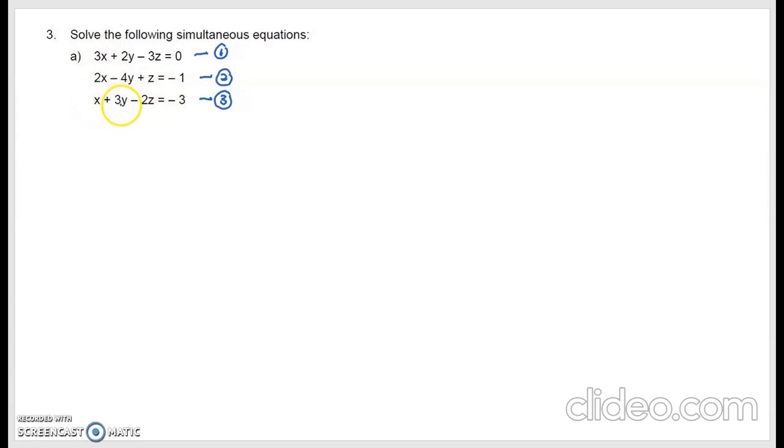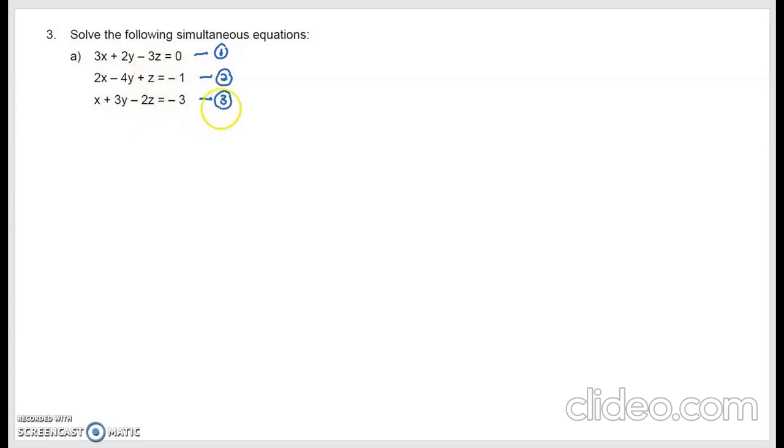I just have to move 3y and negative 2z to the right hand side. If you are choosing equation 1, after you move 2y and 3z to the right hand side, you have to divide by 3, so it will become a fraction. Or you can choose to make z the subject. You can move 2x and negative 4y to the right hand side, so you get a new equation.